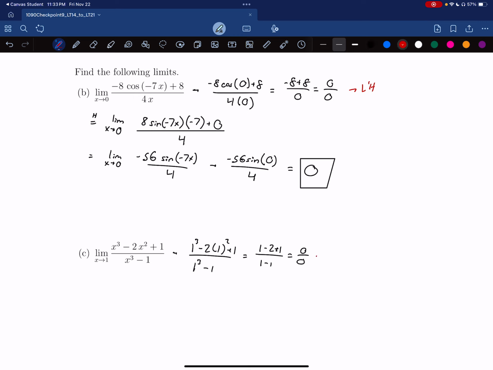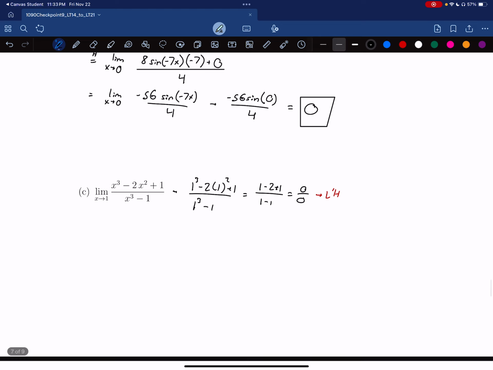Surprise, surprise, we need to use L'Hopital. So down here, I'm going to use that notation again, equal sign with an H above it. Same limit notation, but taking the derivative of the top and bottom separately, we have 3x squared minus 4x over 3x squared.